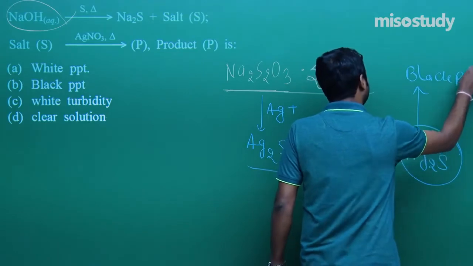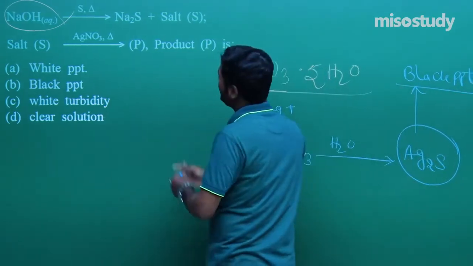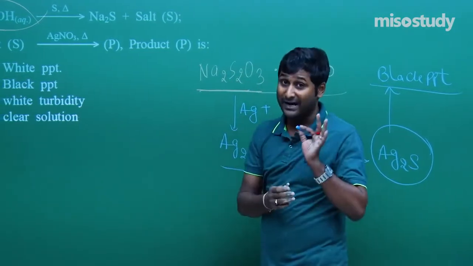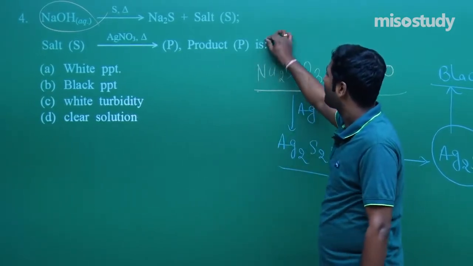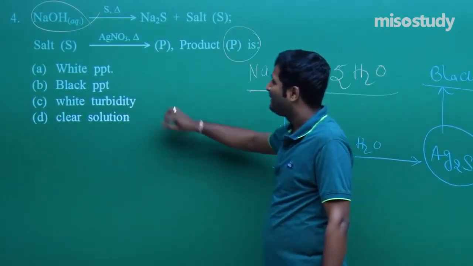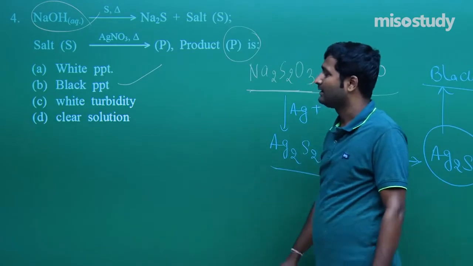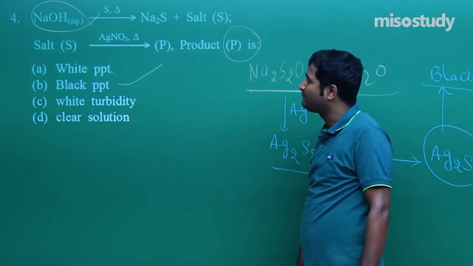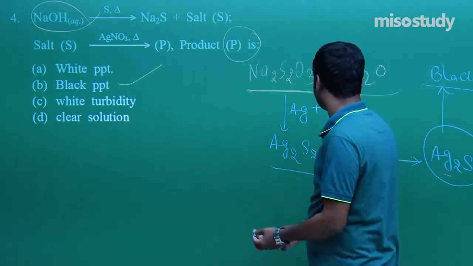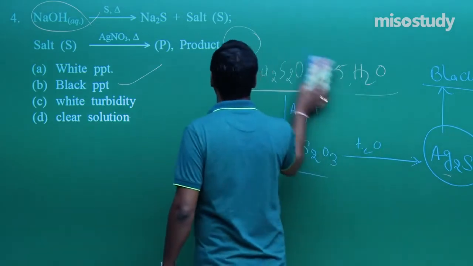That is the black precipitate. So the final result in this case, the product P is black. Clear friend? The product P is black due to the formation of Ag2S.